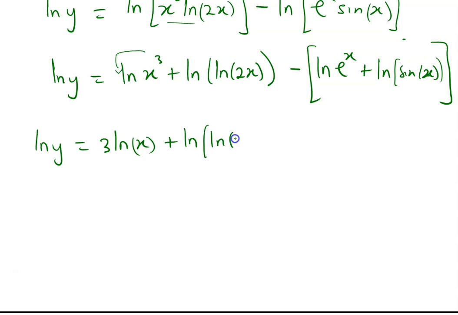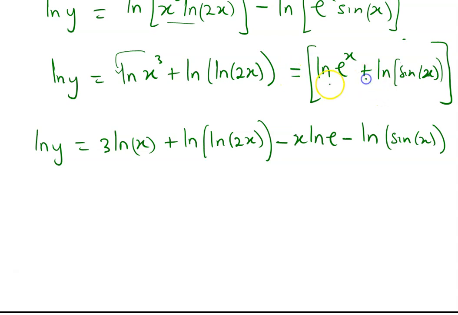And differentiating this will be quite challenging, but we will do it. ln bracket ln 2x, right? Minus x ln e, right? Minus ln sin x. Very good. Yes, because the negative will overwrite the positive.